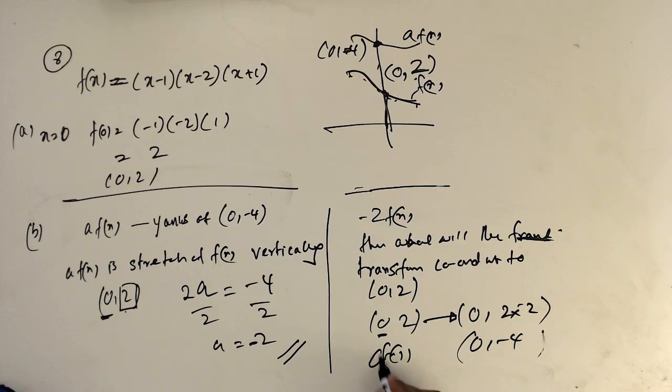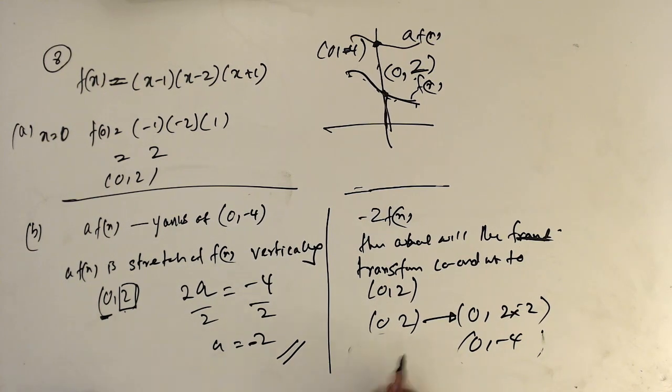So the point (0, 2) is turning into (0, -4).